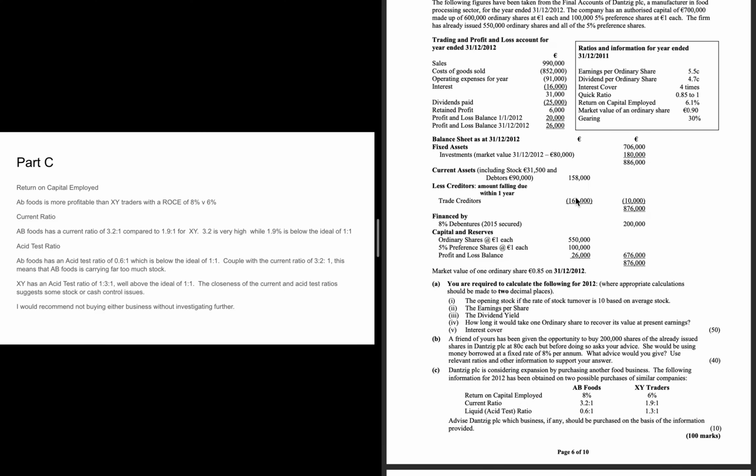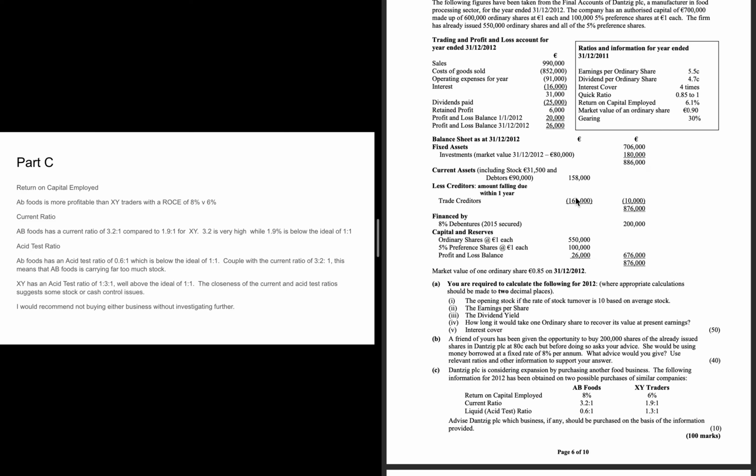And then this is the one where the interesting things are. The acid test ratio for AB is 0.6 to 1. Now that indicates they have a serious liquidity problem because they have a current ratio of 3.2 to 1 and an acid test ratio of 0.6 to 1, which means that they have way too much stock. Remember, the difference between the current ratio and the acid test ratio is stock.